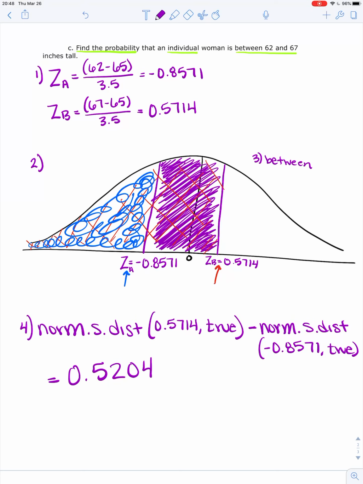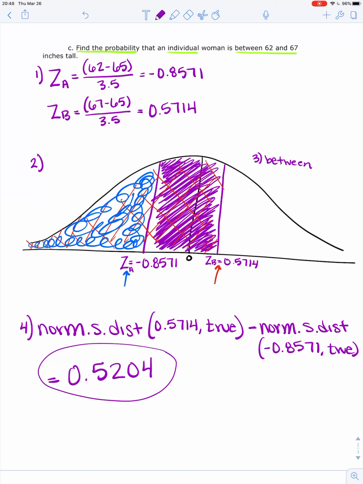And as a reminder, your answer will always be positive. This final answer here always should be positive. If you get a negative answer, you probably did your subtraction wrong. Okay, it'll also always be between 0 and 1. So if you get 1.3, check 2 things.